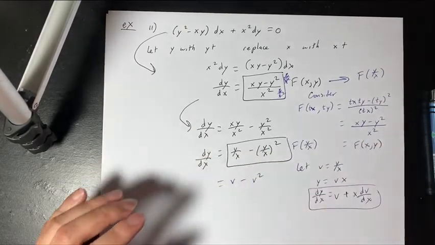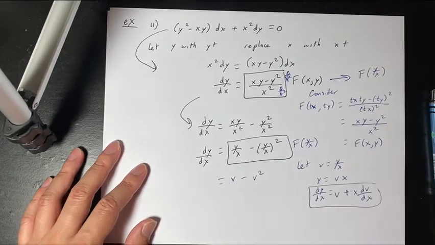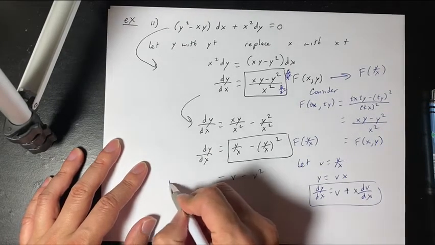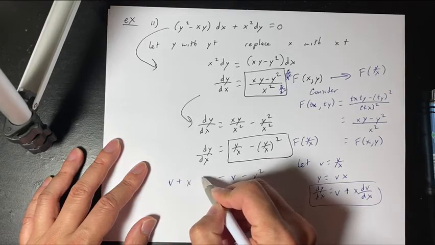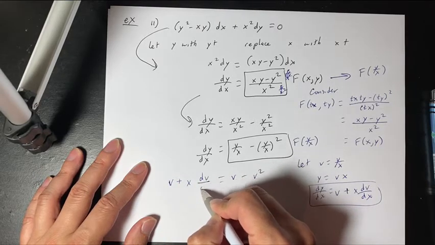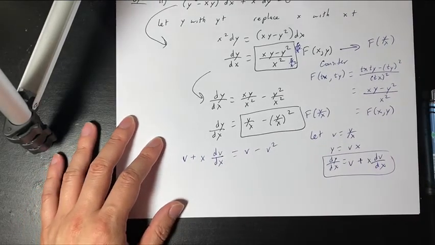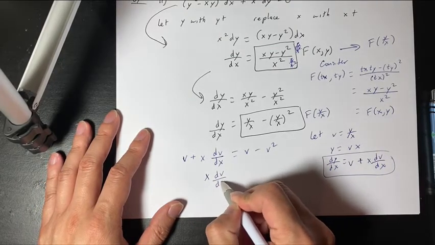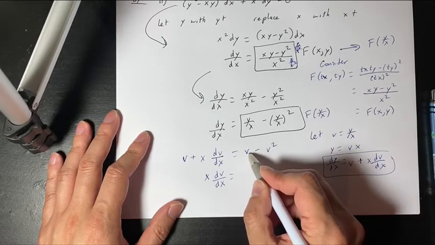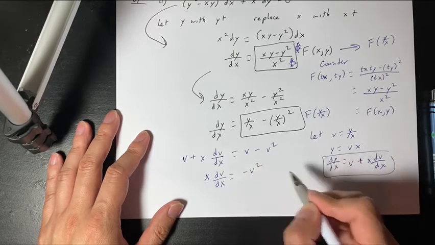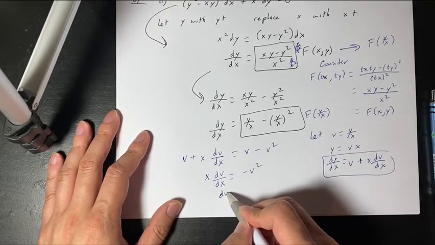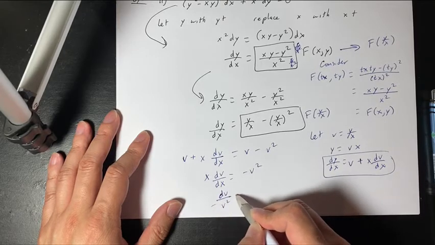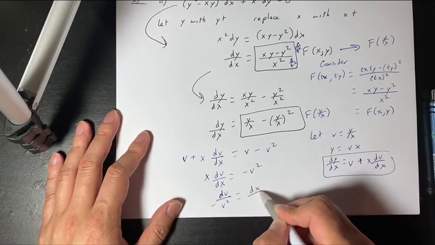The left side, dy dx, is going to be v plus x dv dx. And so x dv dx, if I move that v over, it'll cancel out this v, so it's a minus v squared now. So dv divided by negative v squared is equal to dx divided by x.